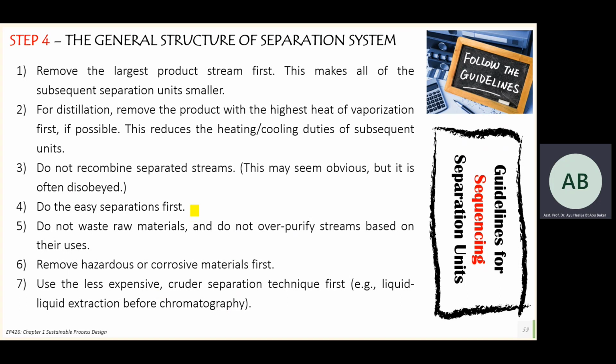This one is the basic step. Remove the largest product stream first. Largest product. If you have, for example, a mixture of products A, B, and C, A 60%, B 20%, C 20%, the first sequence should remove the A first, the largest quantity of product first.